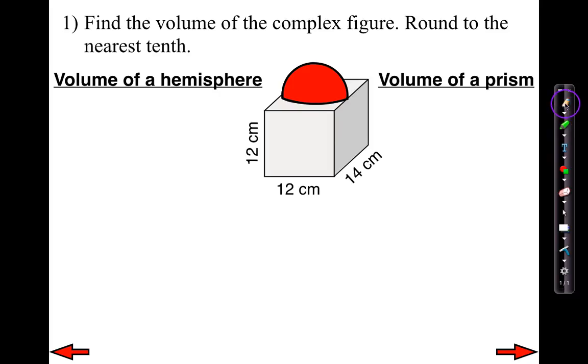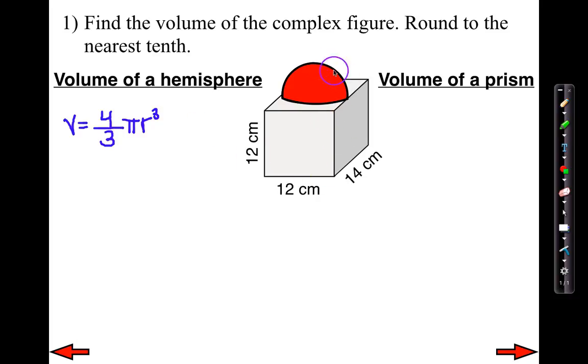Once I have that, I'm going to find the volume of these different shapes. First, to find the volume of this hemisphere, I need to first find the volume of a sphere, which is 4/3 pi r cubed.